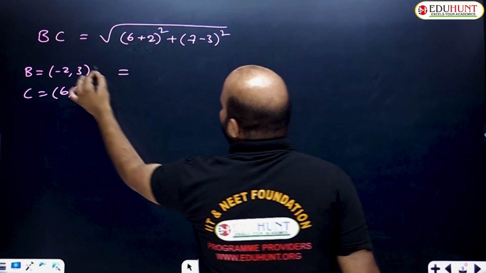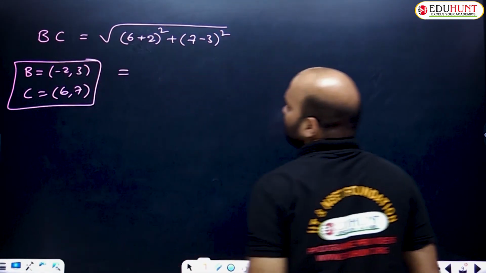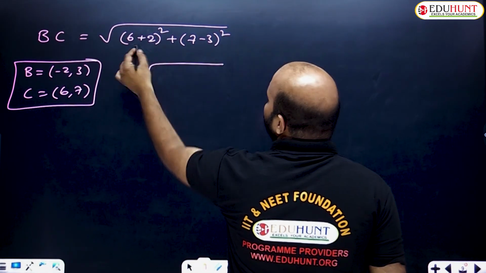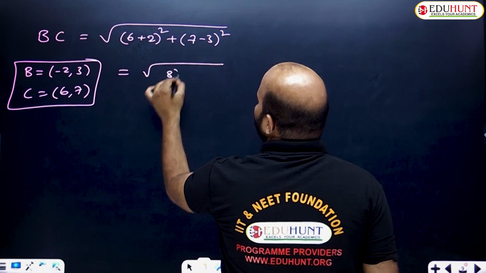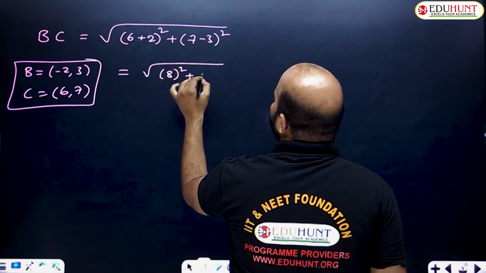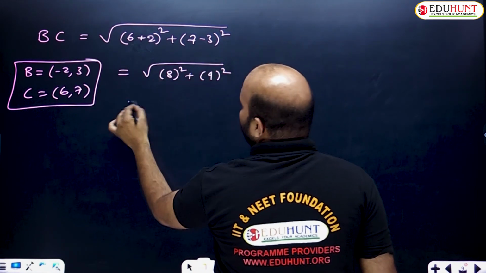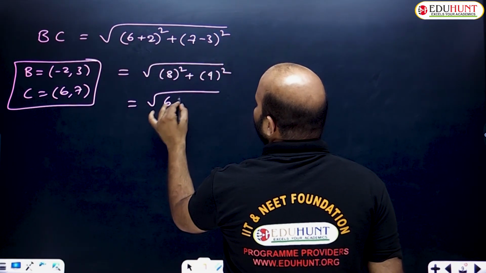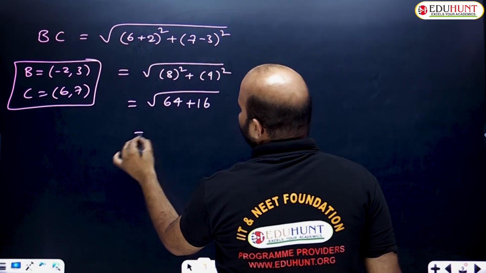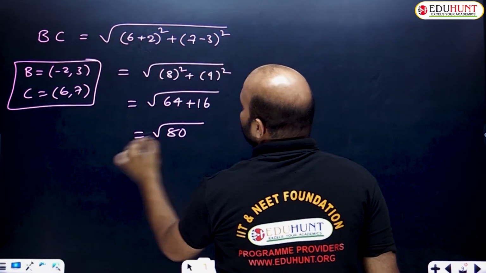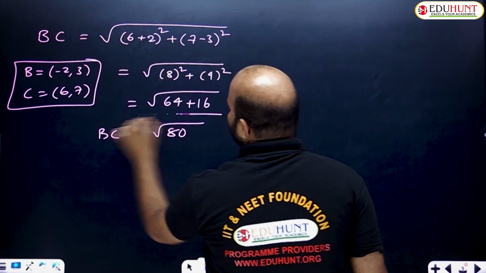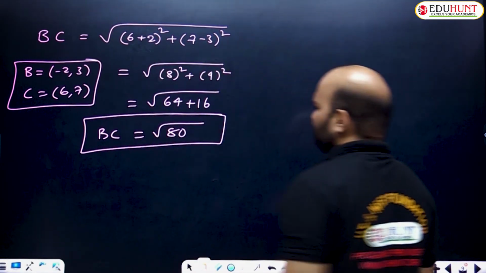So square root of 6 plus 2, 8 square, plus 7 minus 3, 4 square. 8 square is 64, 4 square is 16. The total is root 80. So BC distance equals root 80.